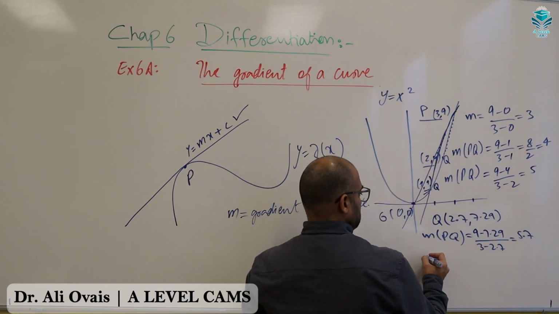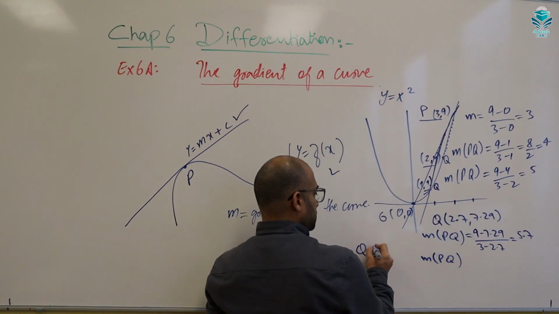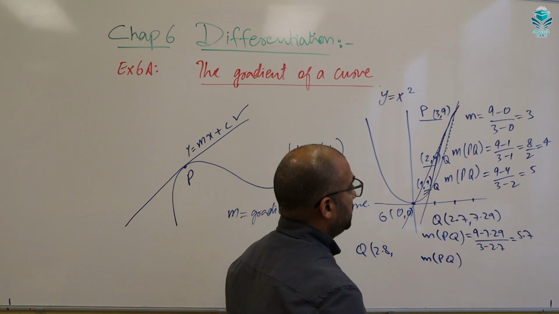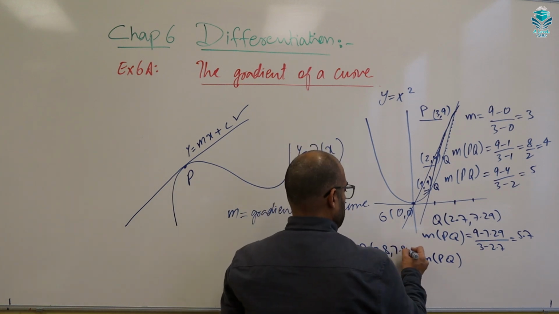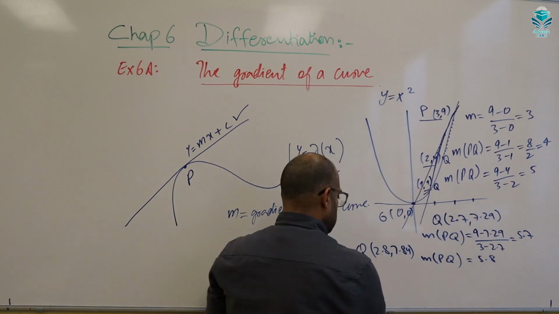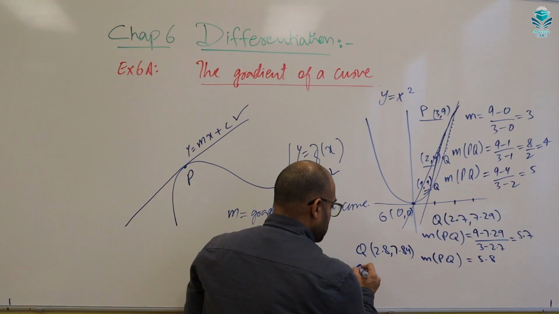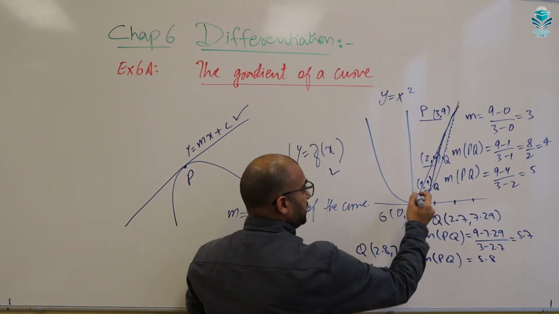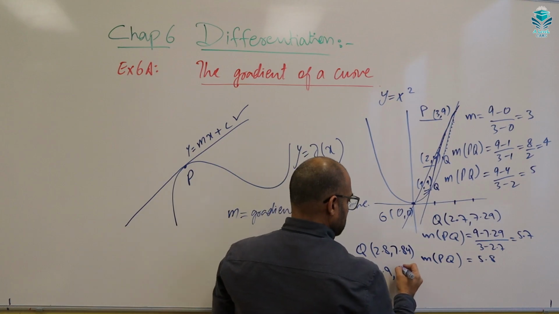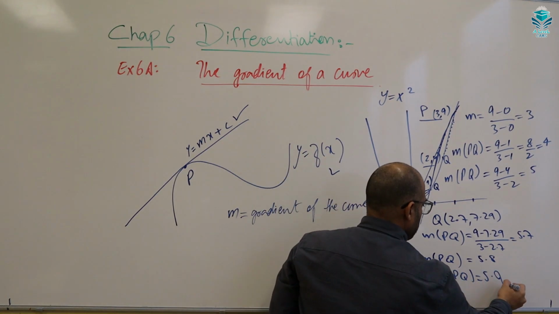If I take Q as 2.8, whose square is 7.84, the gradient when you calculate is 5.8. Similarly, if I take Q even nearer to 3, you will see that its gradient will be 5.9.